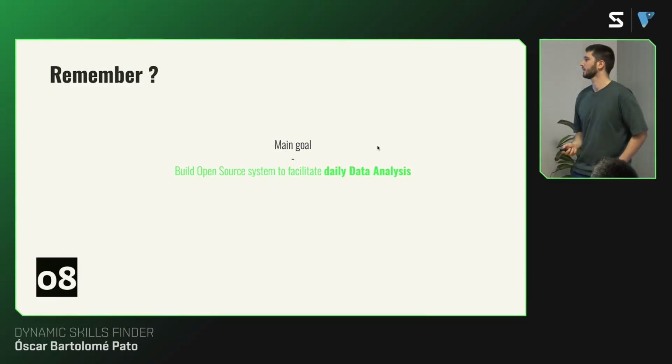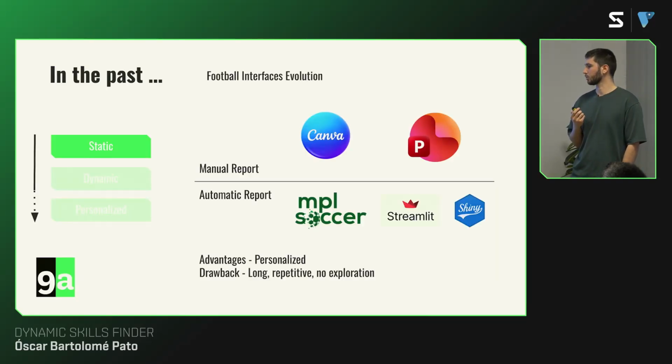To remember, the main goal is to facilitate the daily data analysis job. First, reports were made manually. You look for data manually and put them in some tools like Canva or PowerPoint, for example.